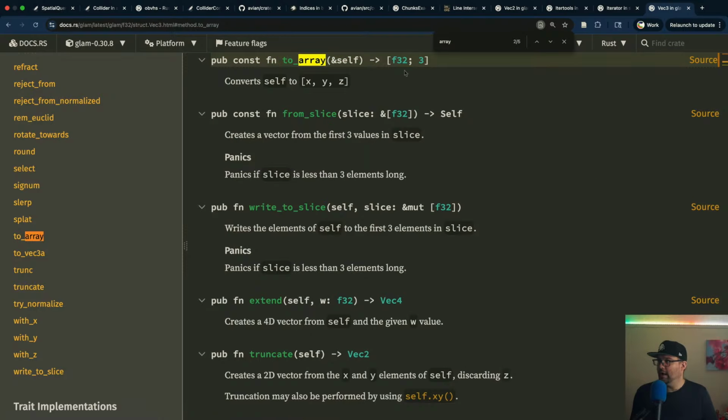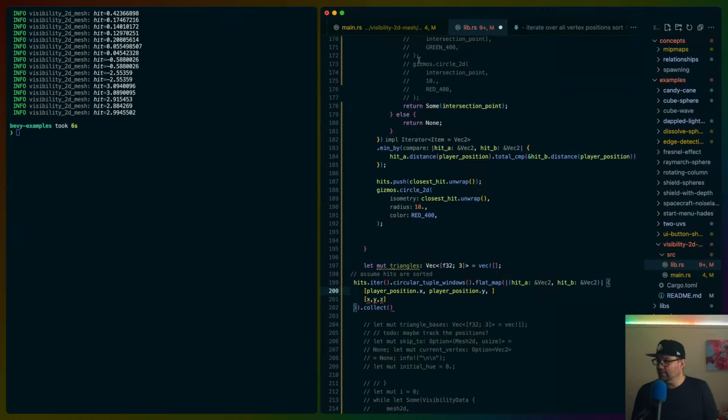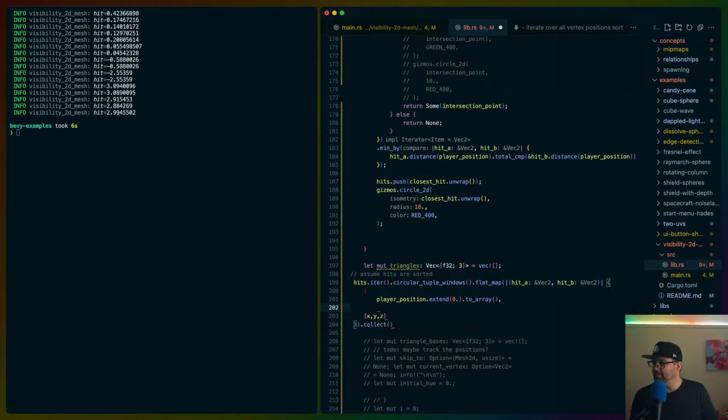Yeah, vec3 to array will give us a 3-dimensional. So really what we need to do here is player position. We're doing a little bit of extra work here. We're not really optimizing our mesh, but right. Array 1. Array 2. Array 3.